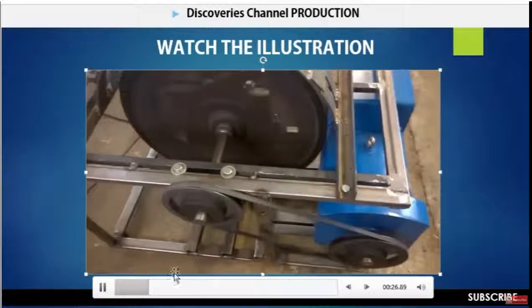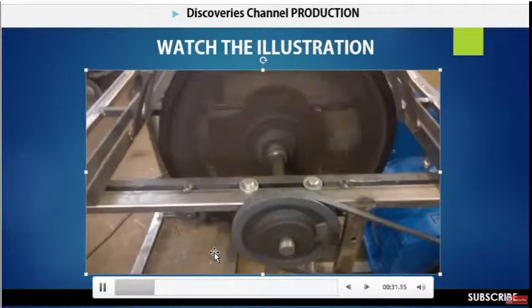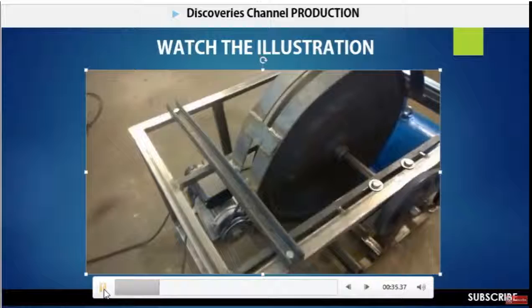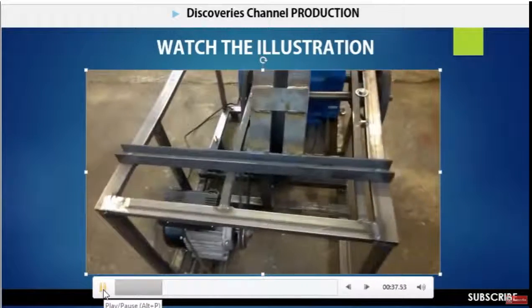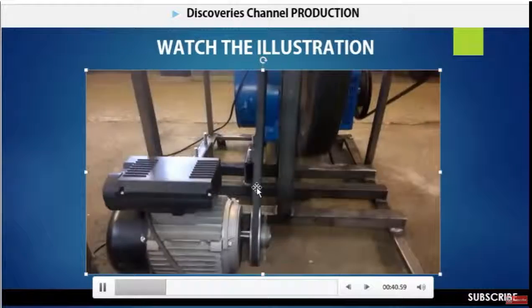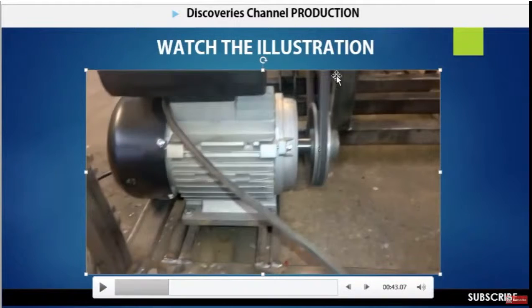Now, if you turn back to the other side, you see that this is the electric motor. The electric motor with the cable is joined to the flyway. So they have two beds.